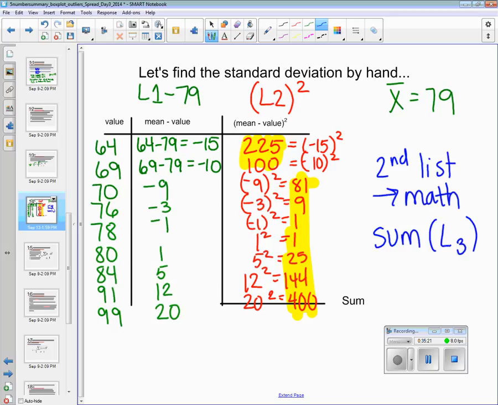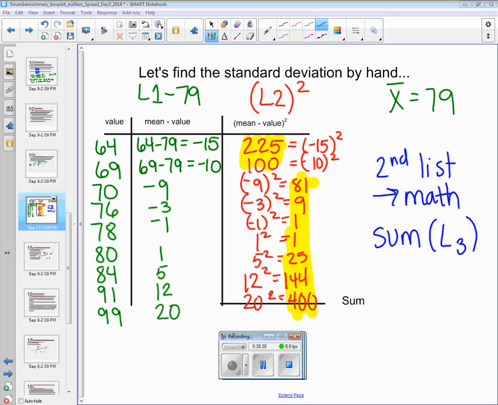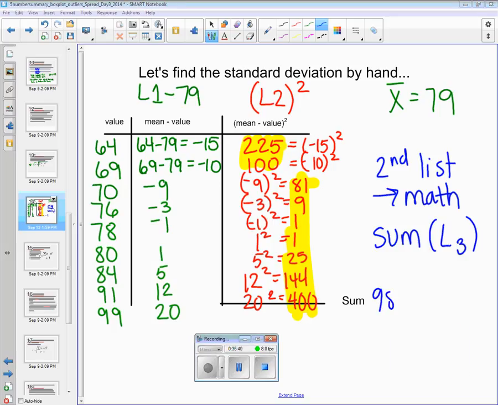But you can't do it while you're still working in the table, because it'll mess you up. Or you can just do it by hand. There's only 9 numbers. It's not going to take that long. I think you get 986. Is that correct? Okay. So we have a sum of 986.